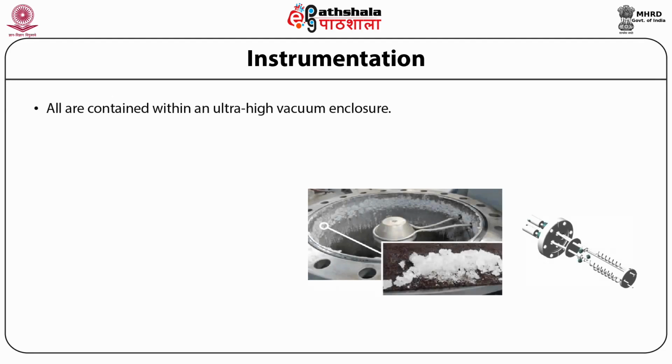All are contained within an ultra-high vacuum enclosure. As was said earlier, one of the most important requirements for operating this system is to have a high vacuum chamber. Extremely high vacuum is needed if the right kind of results are to be obtained.